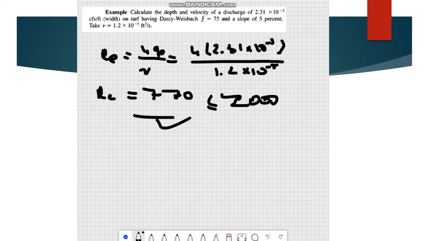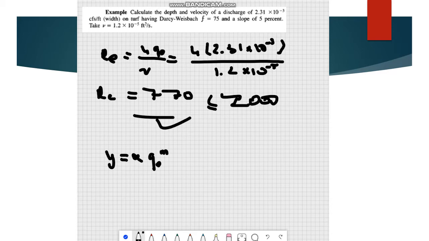Okay, we need to calculate alpha. Let's write down our formula again: the depth is equal to alpha multiplied by Q0 to the power m.